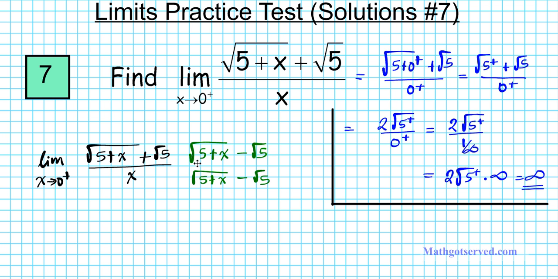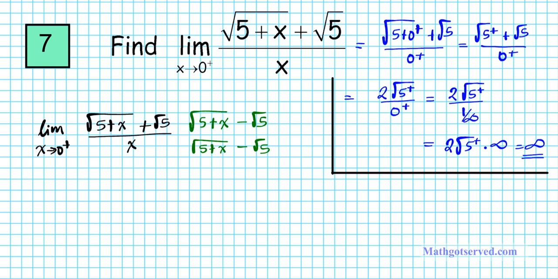So what I'm doing in the numerator is I'm trying to create a difference of squares. Because when I expand the difference of squares, I'll end up with the first term squared, which gets rid of the square root, and the second term squared, which gets rid of the square root also. So we're going to have the limit as x approaches 0 from the right.